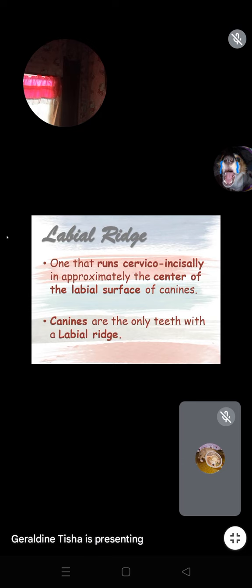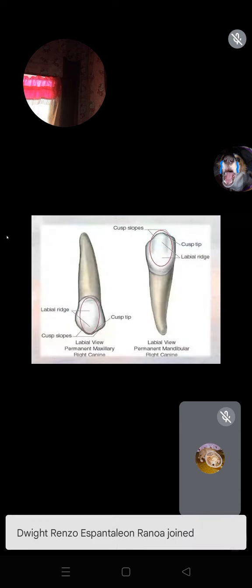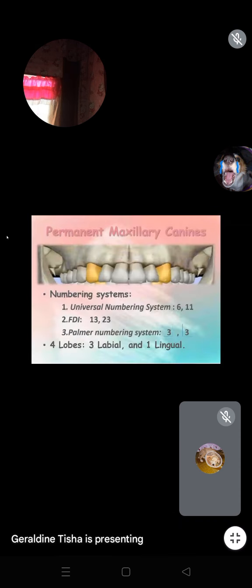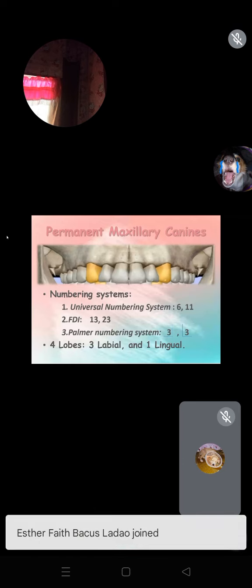A labial ridge runs cervico-incisally in approximately the center of the labial surface of canines. Canines are the only teeth with a labial ridge. Permanent maxillary canines, in the universal numbering system, are 6 and 11.